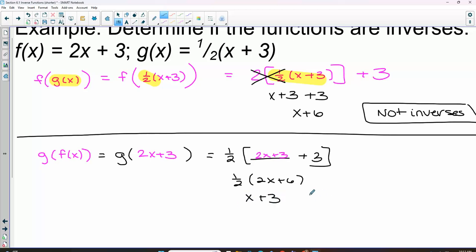So again, we can see they are not inverses there. Any questions right there?